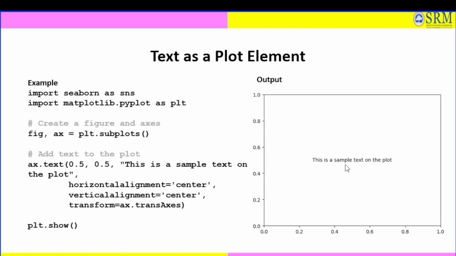You can do this by using subplots, and again you use the text function, specifying the point where it has to start, 0.5 and 0.5, which content it has to display, and what type of alignment: horizontally centered, vertically centered, and the transform axis. Everything we can show in the case of text as a plot element.